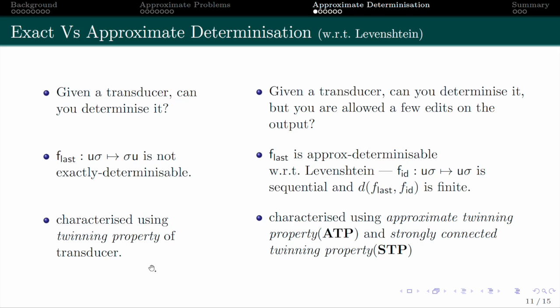Now, exact determinization is characterized using a structural property of transducers called the twinning property, and we define something called approximate twinning property and strongly connected twinning property to characterize approximate determinization with respect to Levenshtein distances.